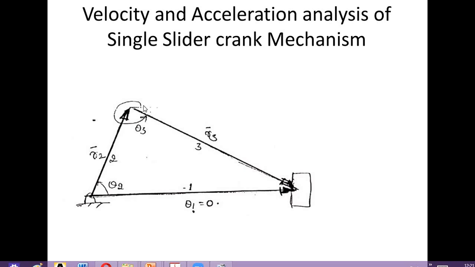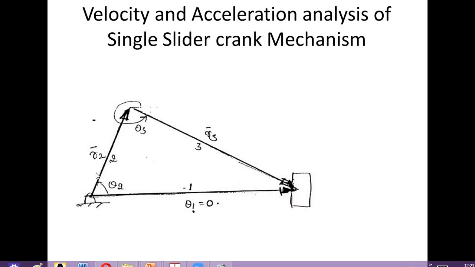We take angles with reference to horizontal in the anti-clockwise direction. The fourth link is the slider, or the piston. So R1 vector makes an angle 0 degrees, R2 vector, the position vector, makes an angle theta 2, and R3 vector makes an angle theta 3.